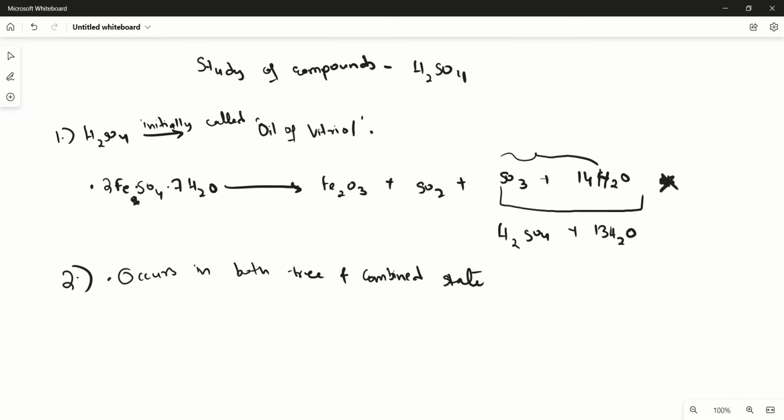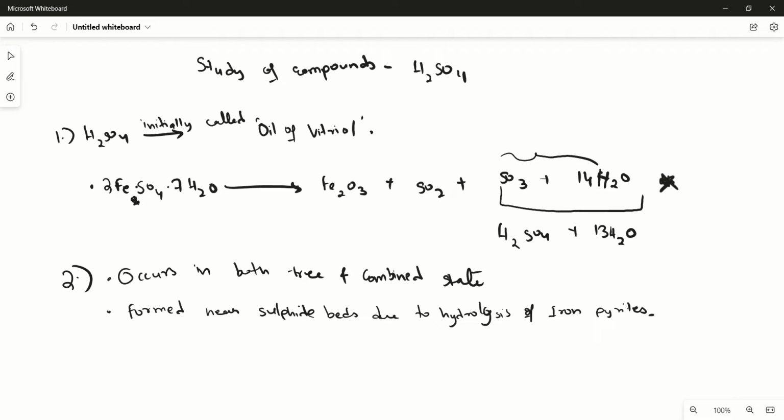It's formed near sulfide beds due to hydrolysis of iron pyrites.